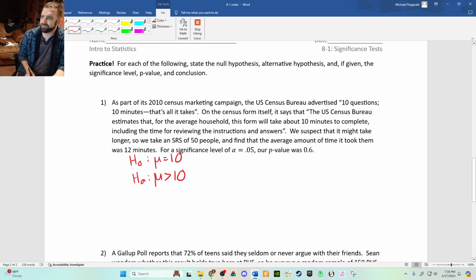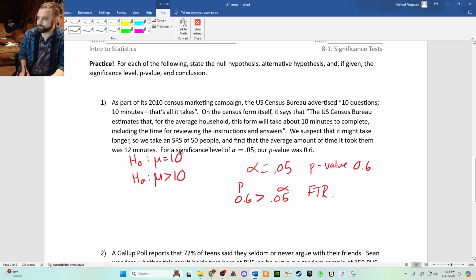If we were to do the math, we'd need the standard deviation. We're not going to do that right now. For an alpha level of 0.05, the p-value was 0.6. So 0.6, our p-value, is greater than 0.05. So we'd fail to reject.